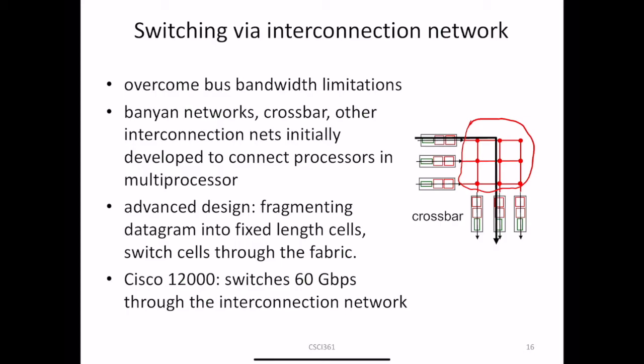But in total performance, or the average performance, switching through the interconnection network is better than the bus switching. Here we have an example, which is Cisco 12000. It can reach a 60 gigabps throughput through the interconnection network.